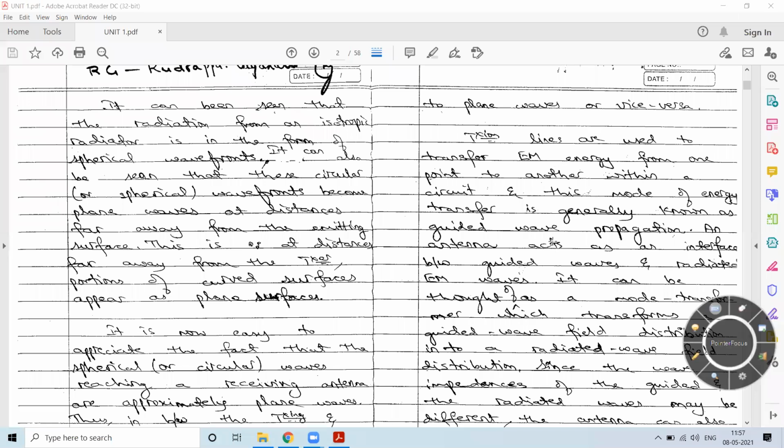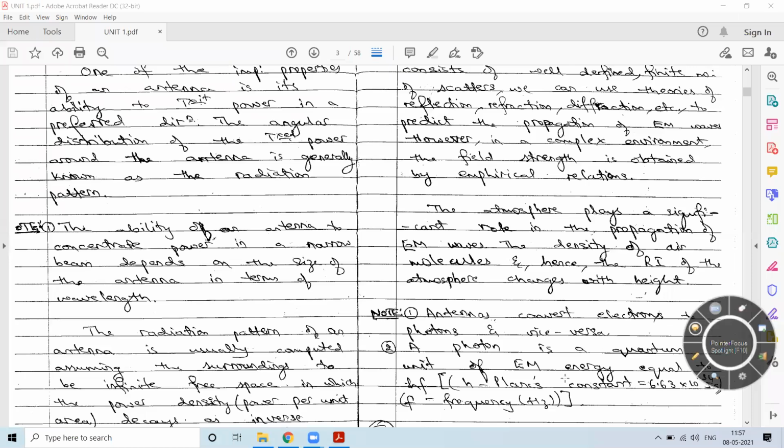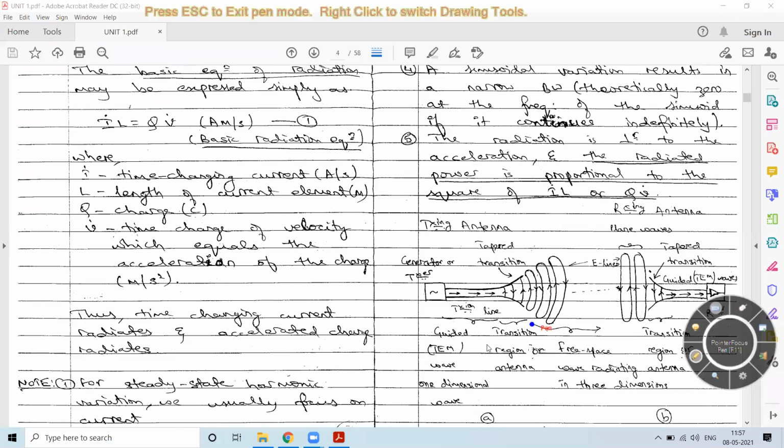We can also term it guided wave to free space wave. So antenna is considered as a transducer which converts a guided wave into a free space wave, or into a spherical wave.